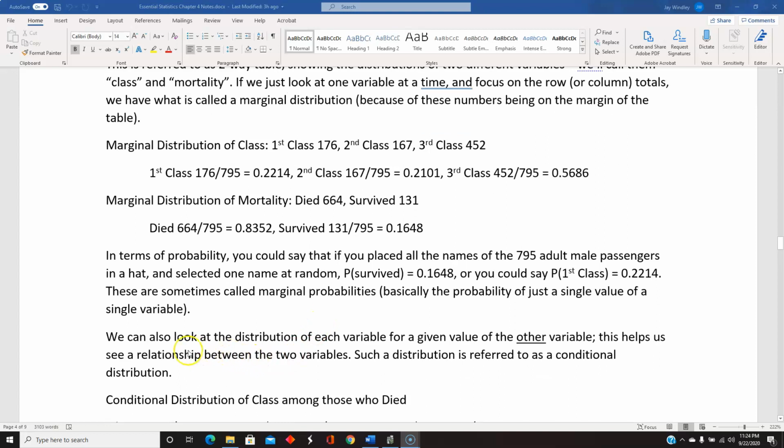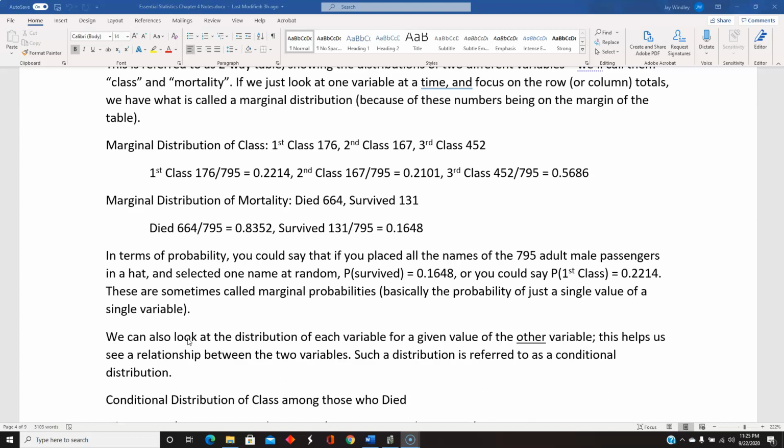So we can also look at the distribution of each variable for a given value of the other variable. And this is often used to see if there's a relationship between the two variables. Remember, the two variables here are the passenger's class and the passenger's mortality.